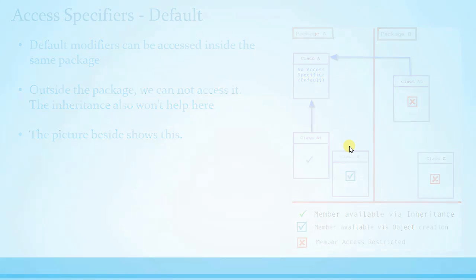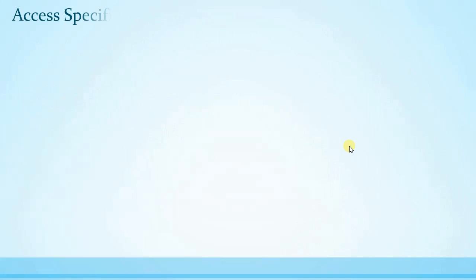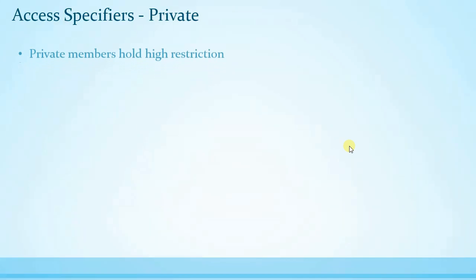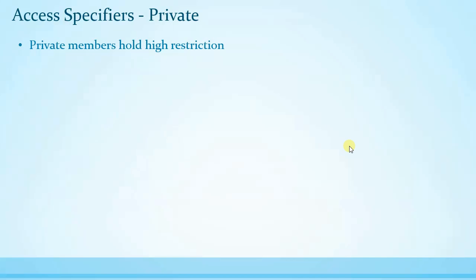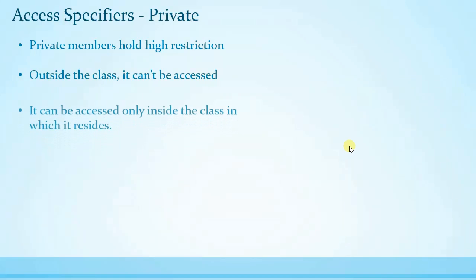The topmost restriction goes to the private access specifier. Private members hold high restriction. That means outside the class it cannot be accessed. The rule is simple, whether it is the same package or a different package. If a class is outside the current class, we cannot access the private members.